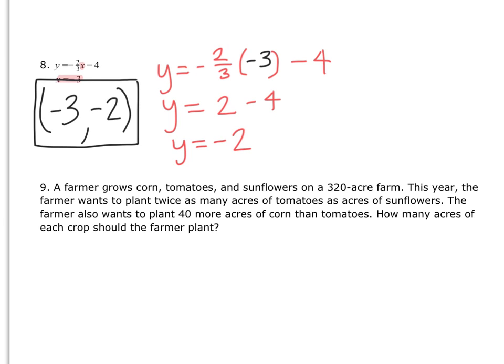On number 9, I do have a hint. We've talked about how a system is 2 or more equations. Here we have 3 equations, and I'm going to point them out really quickly. So number 9 says a farmer grows corn, tomatoes, and sunflowers on a 320-acre farm.